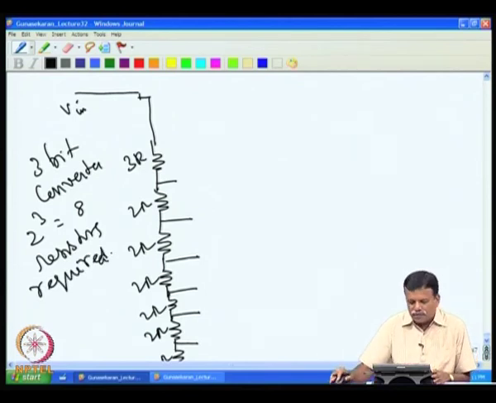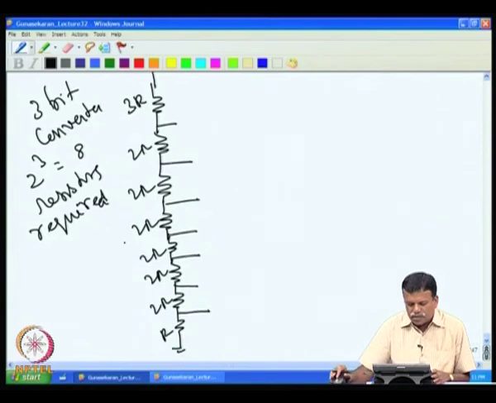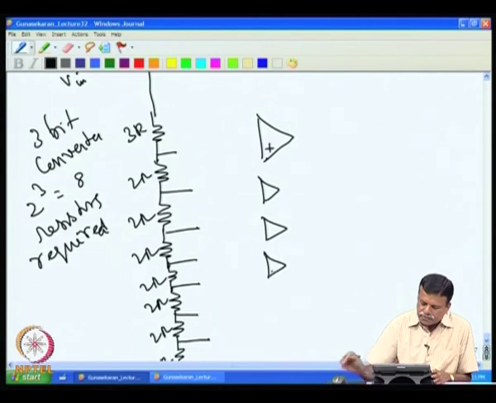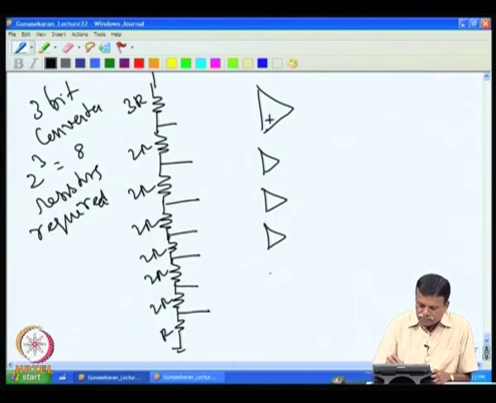So, the input is divided into 8 different parts using these resistors. Then each one is connected to a comparator. So, you have 7 comparators. Each one is connected to one input.